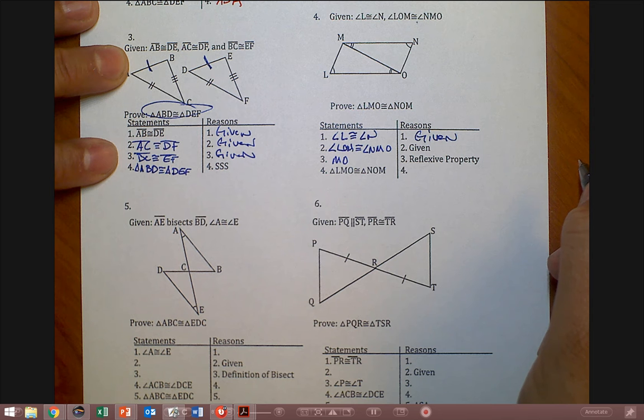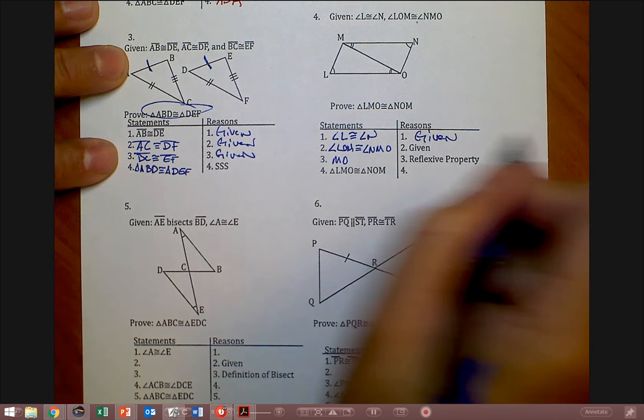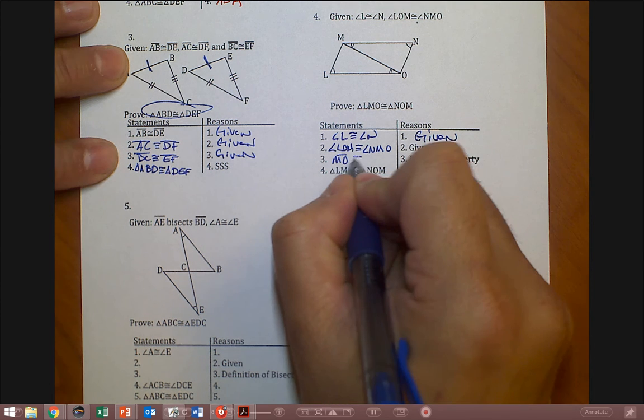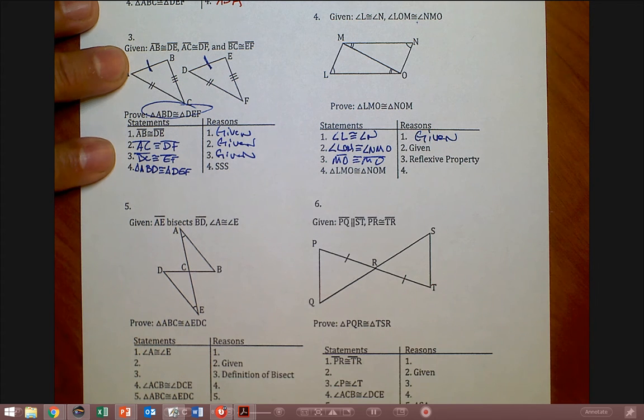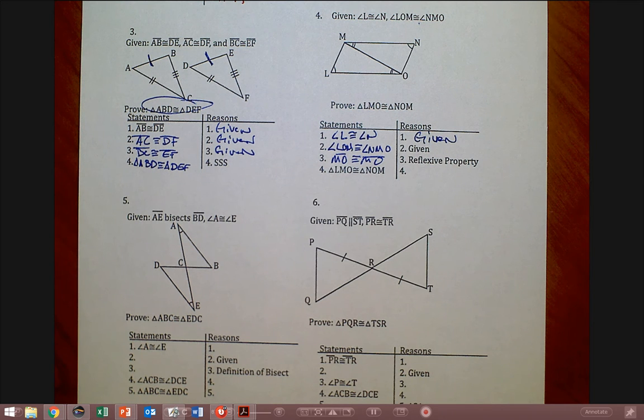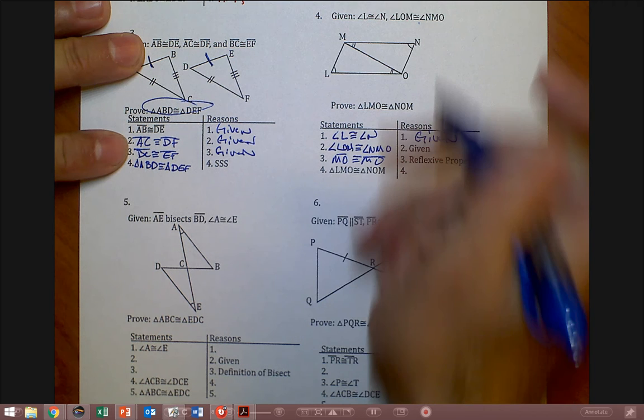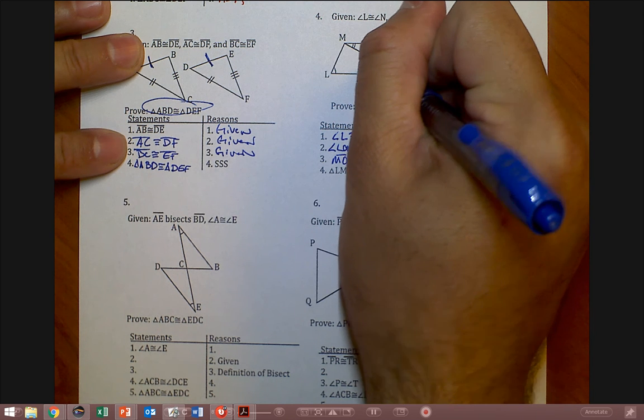I got it right and I erased it because MO is congruent to MO. Thank you, Kaylee. It's reflexive property. That means it's the shared same side. Now, I'm going to mark that one right there.